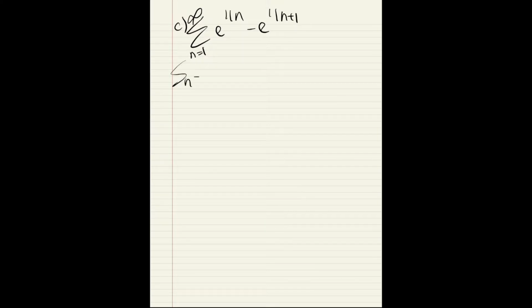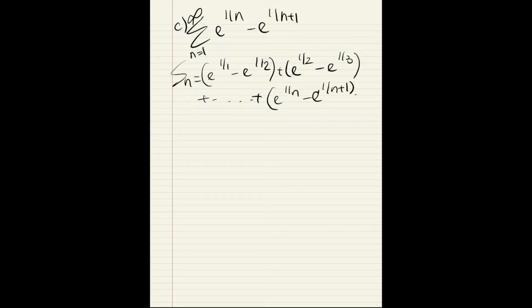So S of n equals e to the 1 over 1 minus e to the 1/2 plus e to the 1/2 minus e to the 1/3 plus so on, plus e to the 1 over n minus e to the 1 over (n plus 1). So it is left with S of n equals e minus e to the 1 over (n plus 1).